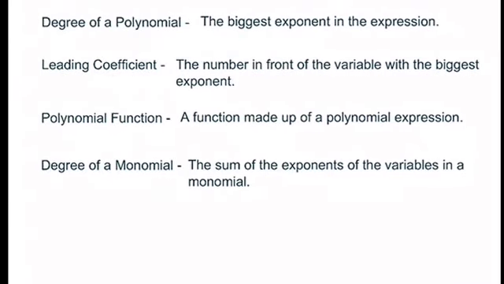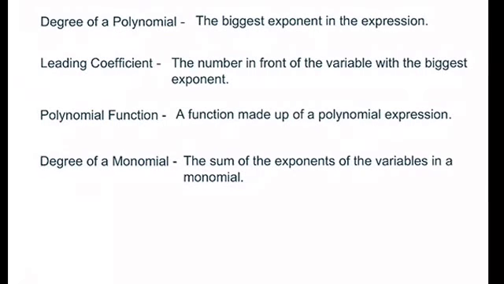Now the degree of a monomial, it's similar to the degree of a polynomial, but a monomial is just a single term polynomial. So let's say 4x squared, y to the 3rd, z to the 1.